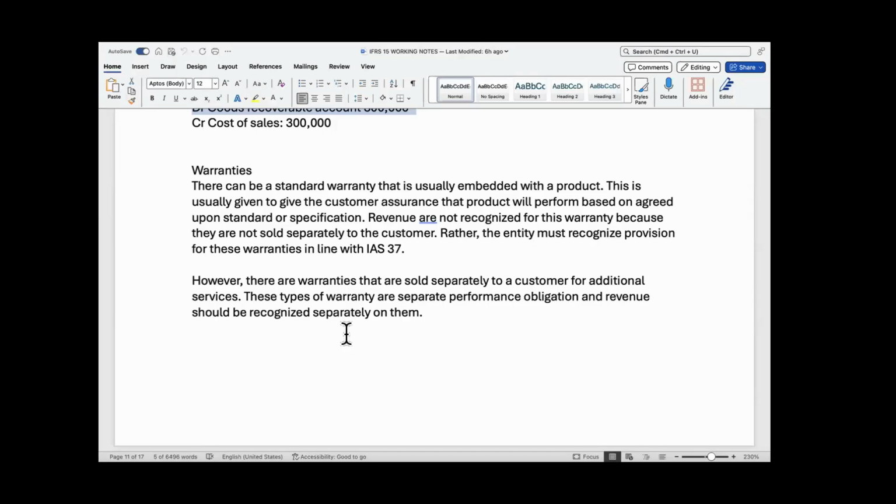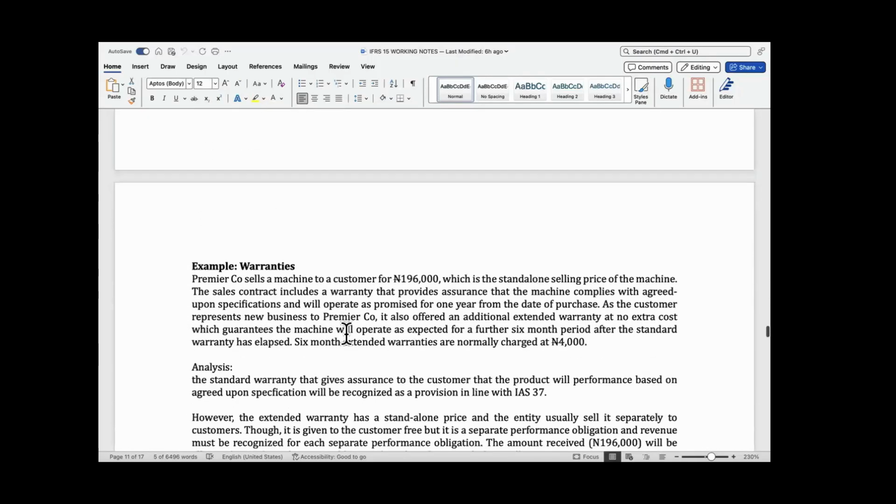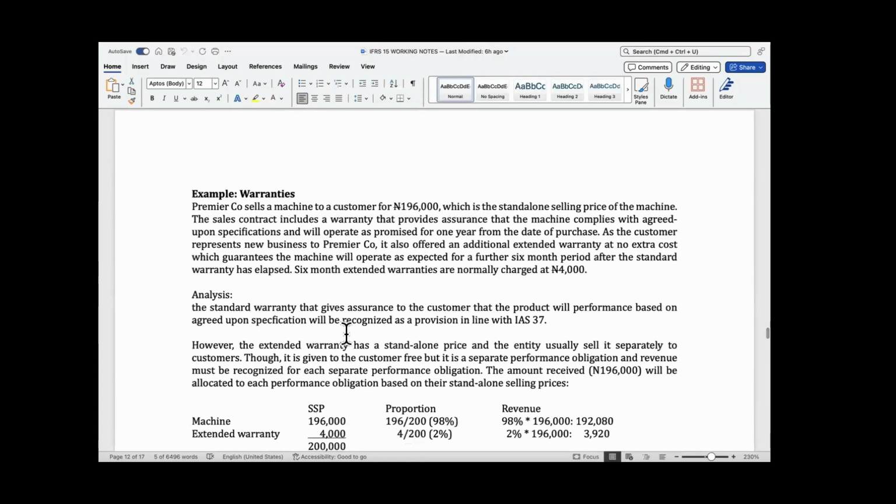That becomes a separate performance obligation, a separate service that the company is now rendering. They have to recognize revenue on it separately because it is a distinct performance obligation. Such warranty, you need to recognize revenue on.